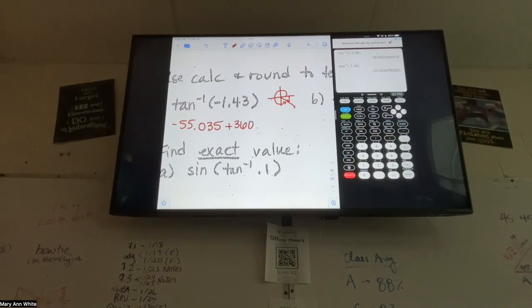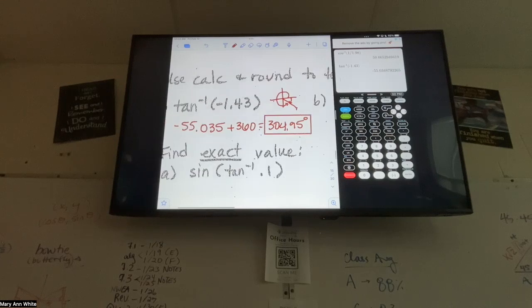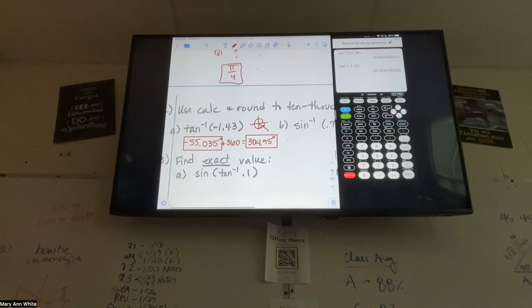So we would add 360 and figure out what it is on the other side. And that's about 304.95 degrees. You can leave it at negative 55 if that makes you happy. We just haven't done a ton with negative, so that might feel kind of awkward. So if you would rather put it in something that makes more sense to you, add 360. That's the only one of those we'll have to do that with, okay?